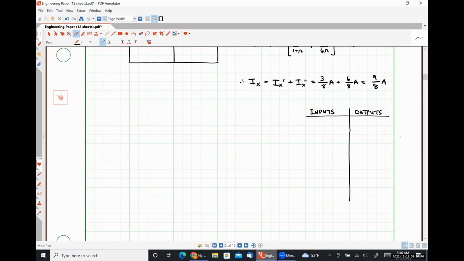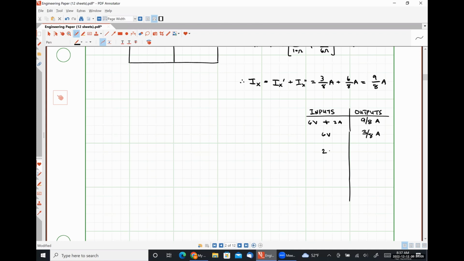So when we had a 6-volt source and a 2 amp source exciting our circuit, we found out that our output was 9/8 of an amp. When we had a 6-volt source on by itself, we found out that our output was 3/8 of an amp.